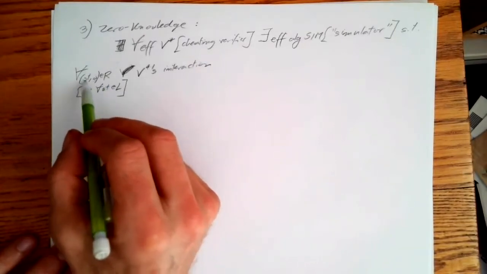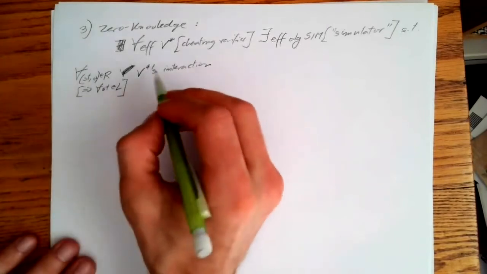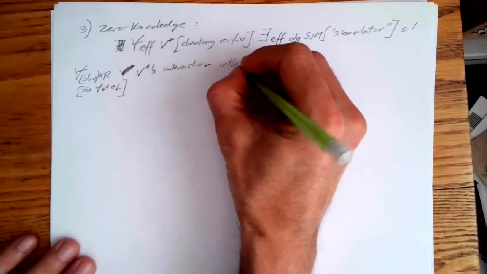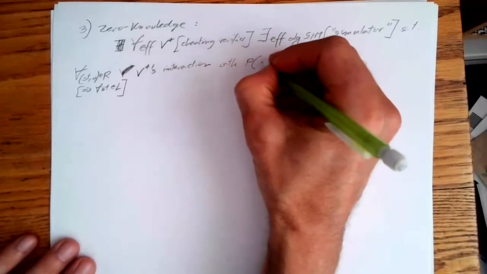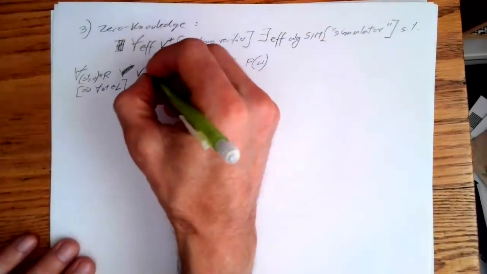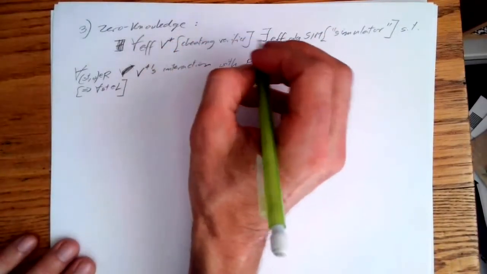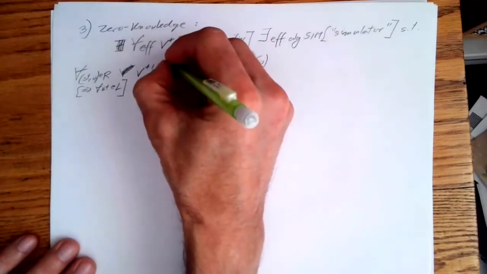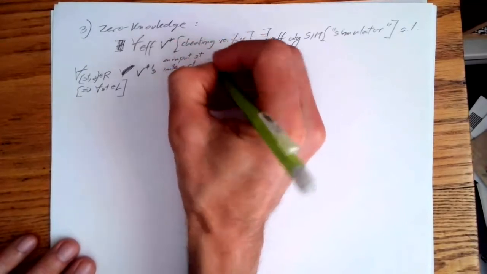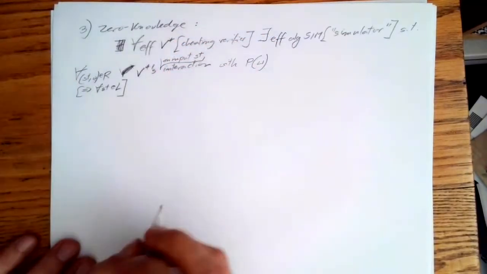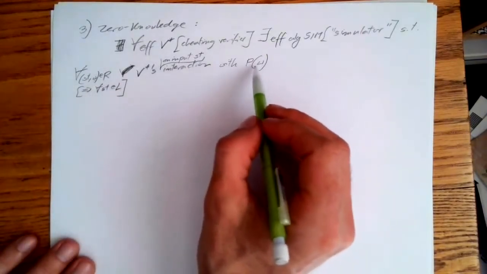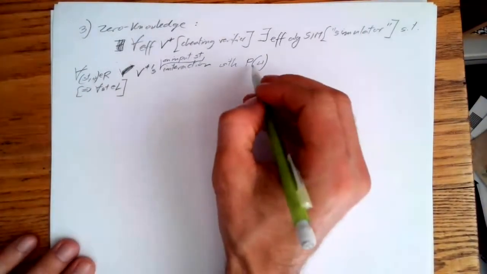And for every statement-witness pair, the interaction of the cheating verifier, who also gets an input, the statement, with the prover who has input W, and the prover is an honest guy.